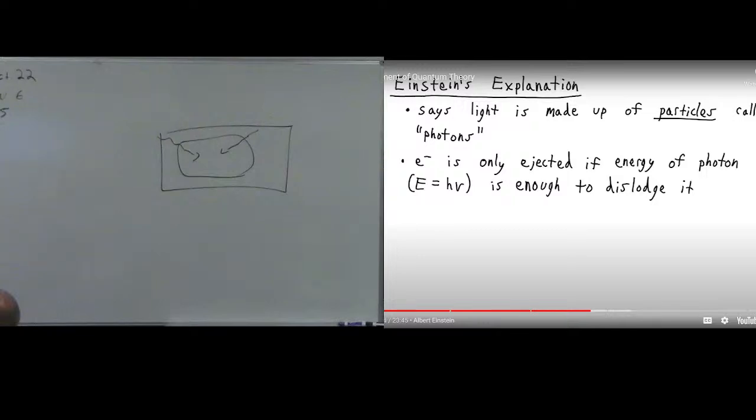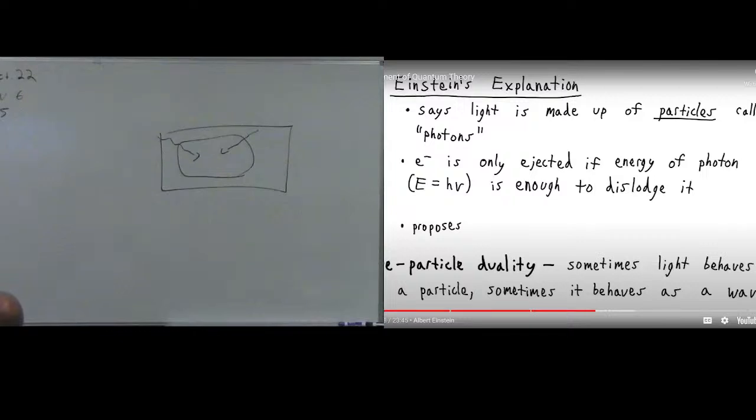And this is a little bit weird now. We have proof that photons are particles, but we also had proof from the double slit experiment that they're waves, that light is made up of waves. So Einstein proposes the concept of wave-particle duality, that sometimes light behaves as a particle, but sometimes it behaves as a wave.